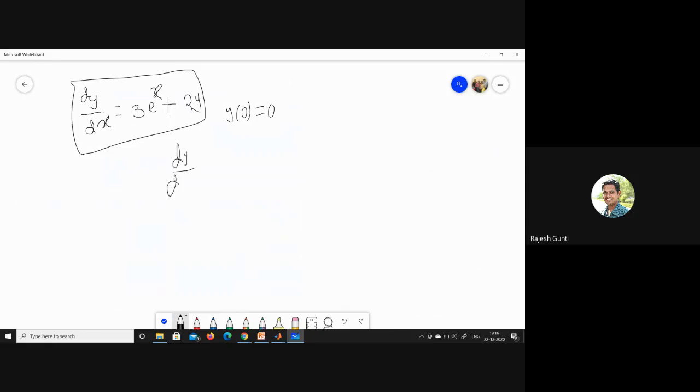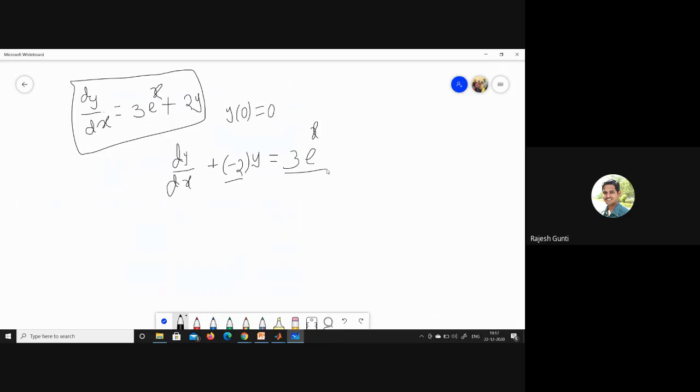dy/dx plus p(x) into y, where p(x) is −2, equals q(x). q(x) is 3e^x. p(x) is a constant.